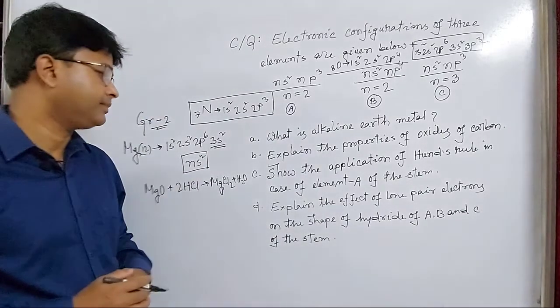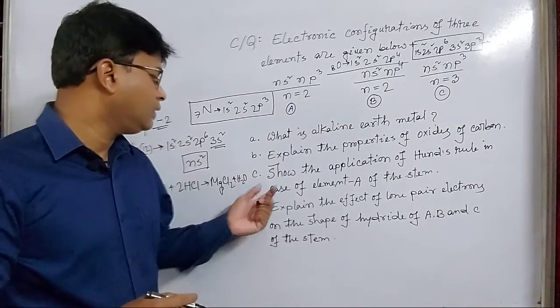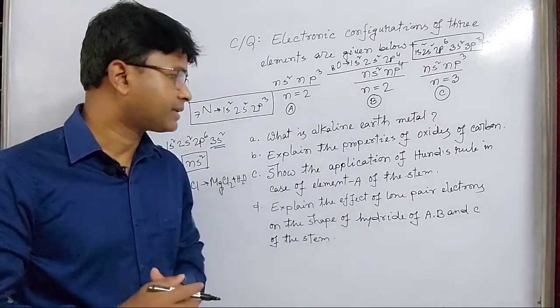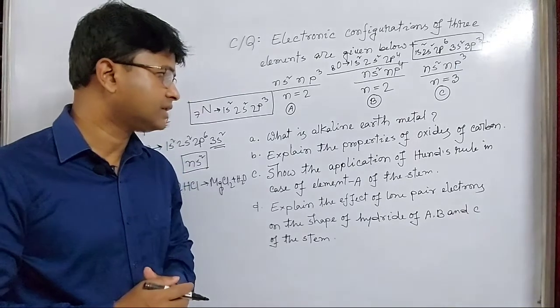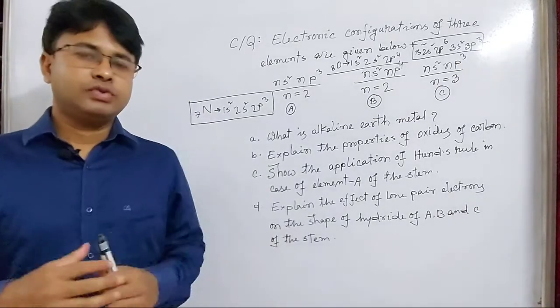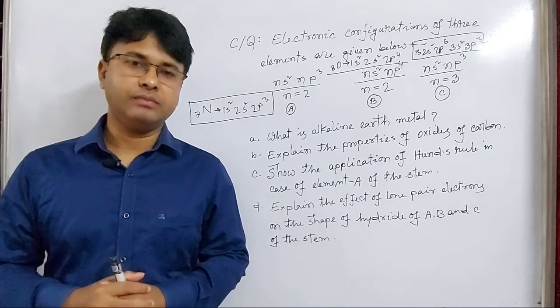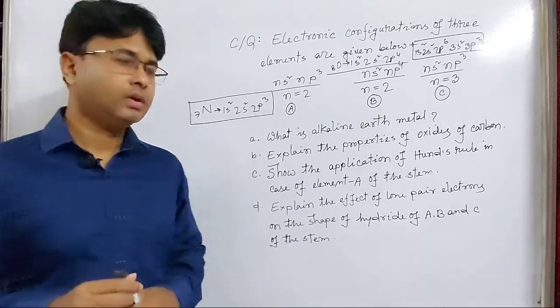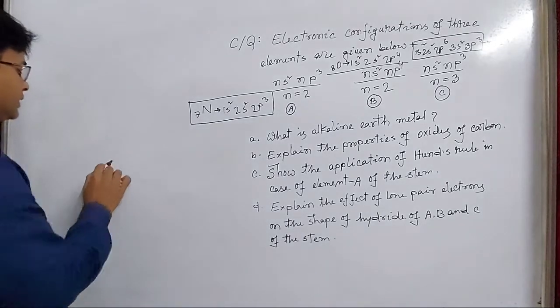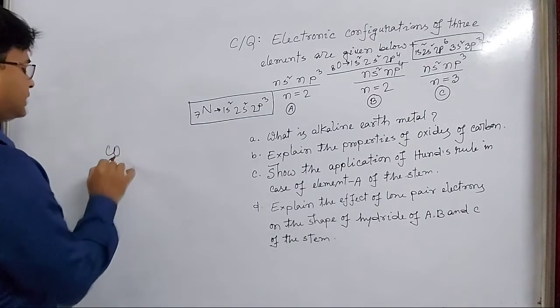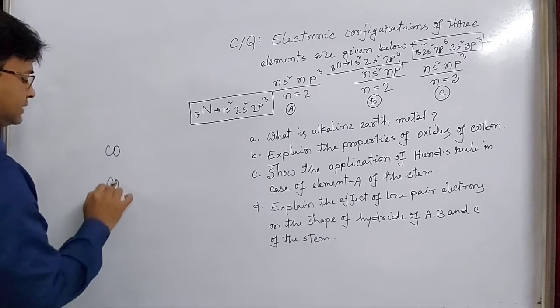Number B. Explain the properties of oxides of carbon. Students, you know that carbon can form two types of oxides. One is carbon monoxide and another is carbon dioxide.